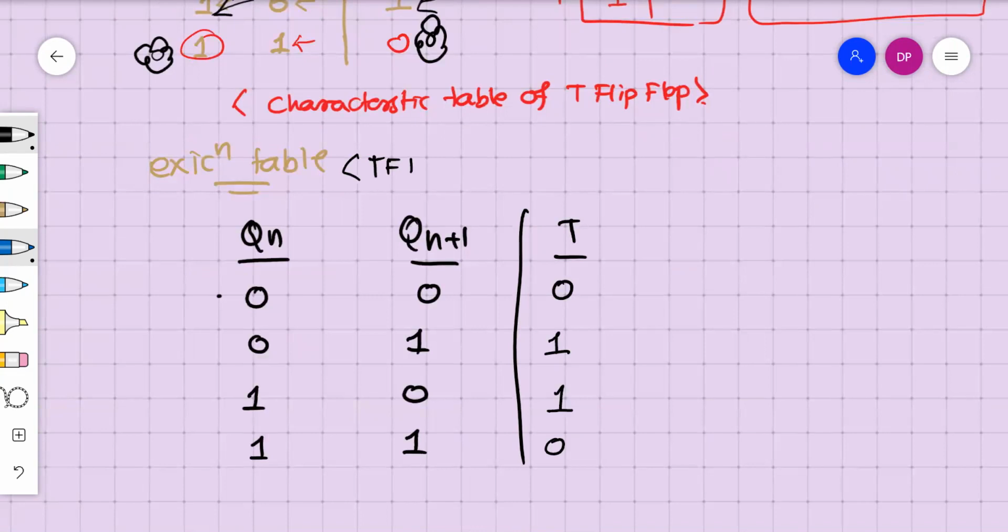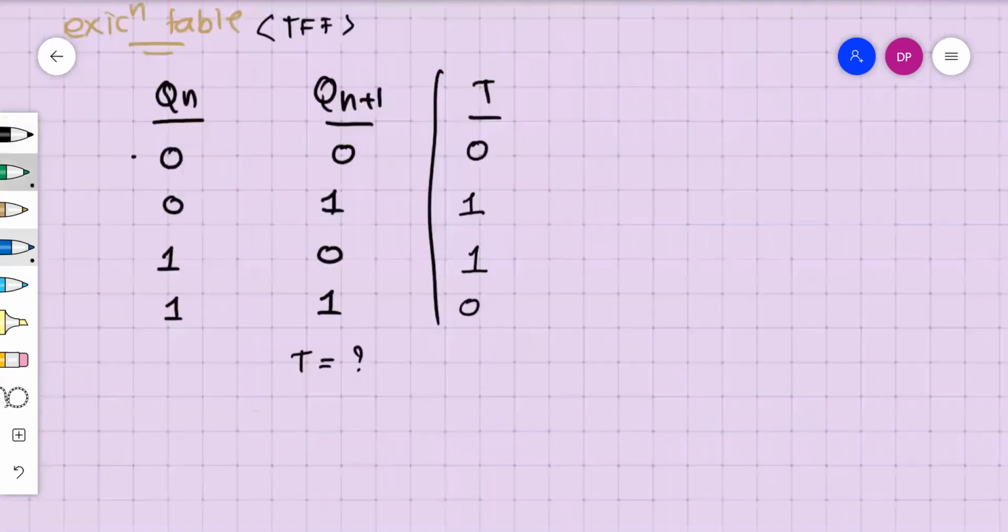So you can get an expression for T over here. I leave it to you. You can give an expression to T in terms of Qn and Qn+1. How can you make it?